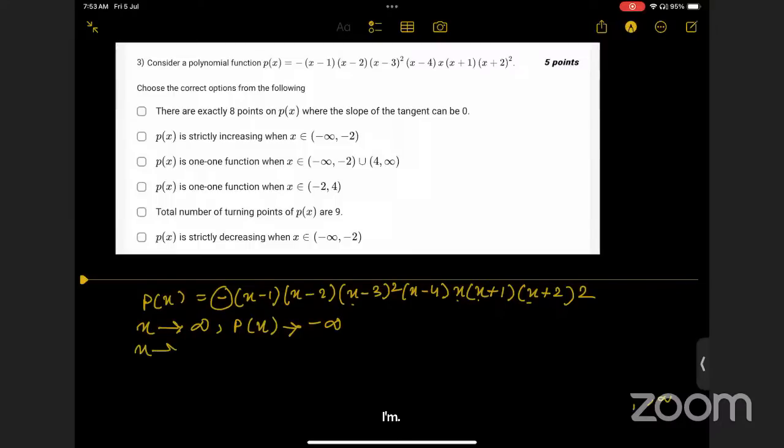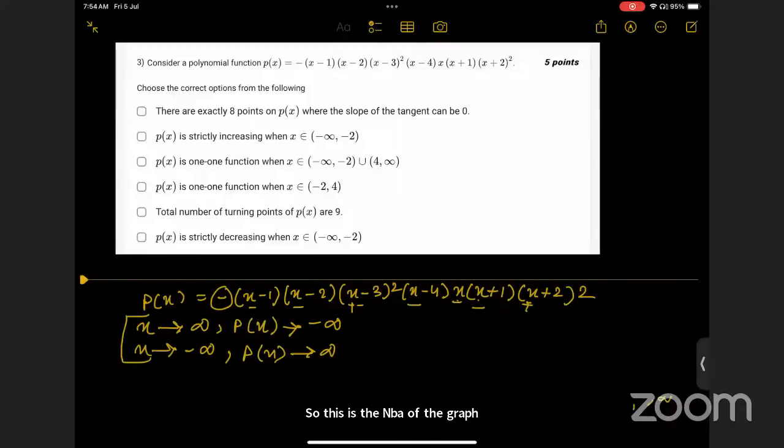And when x tends to minus infinity, then we can manage the sign here. It will be plus, it will be minus, this again minus, here plus, minus. So minus cancels out, here minus cancels out, and then P(x) tends to infinity, right? So this is the end behavior of the graph.